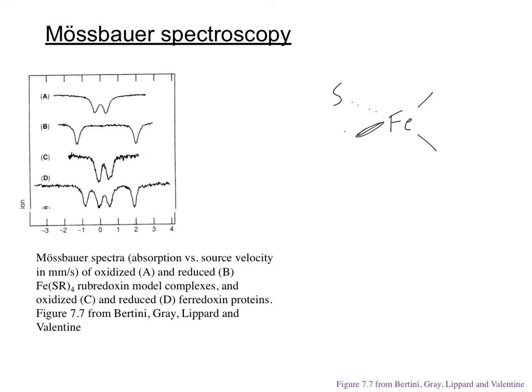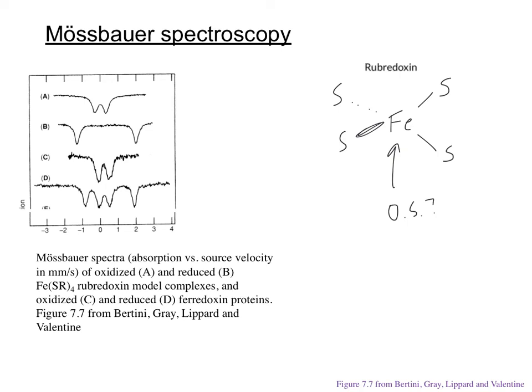This was before we knew the structures of the enzyme, before we had crystallography. So Mossbauer spectroscopy is useful when we don't have X-ray data.